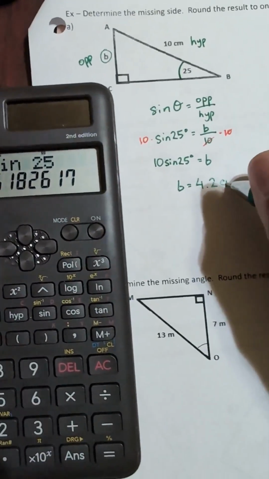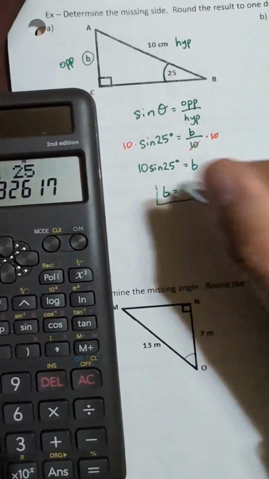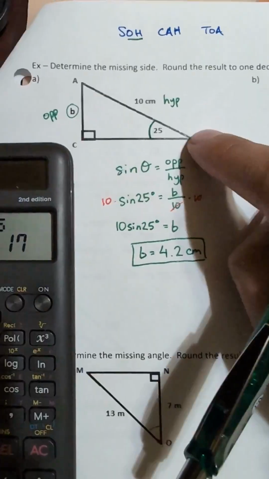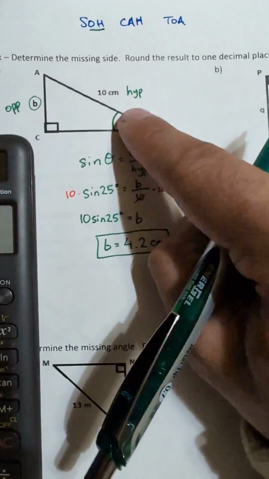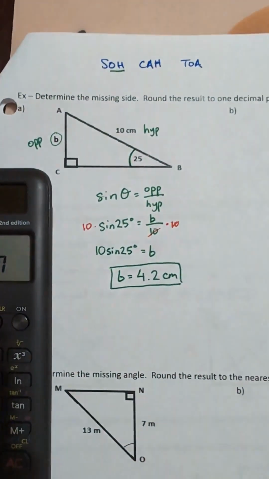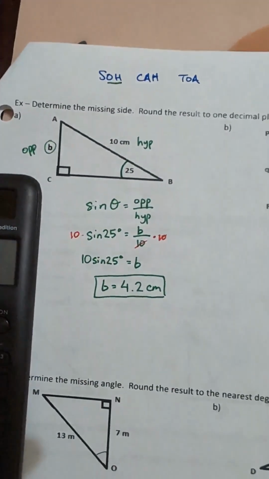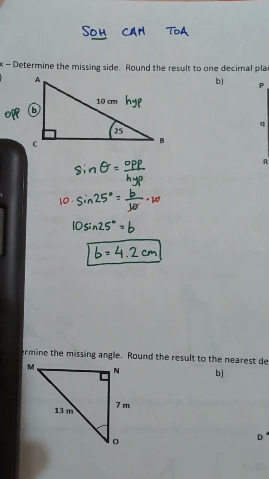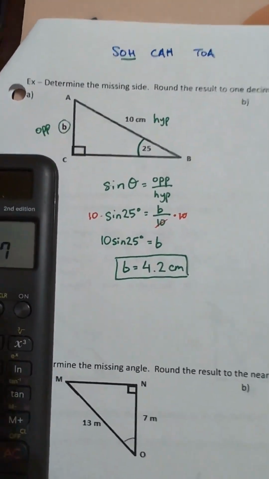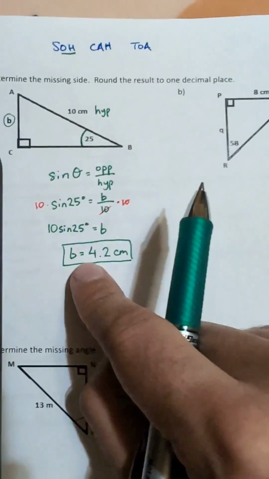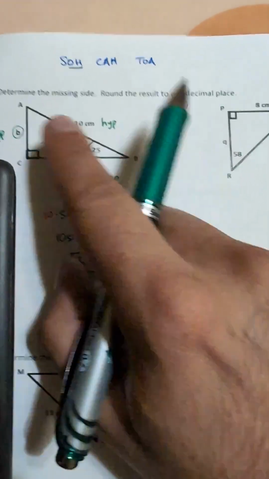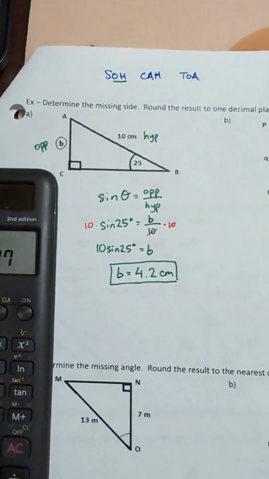And we'll say centimeters because those were our units up here. So if this side's 10 centimeters and the angle is 25 degrees, this should be about 4.2 centimeters, which from the diagram looks reasonable, but don't fall into the trap, because often the diagrams are not to scale. But yeah, it should be shorter than 10 for sure. It's a small angle, so probably quite a bit shorter. That looks reasonable.